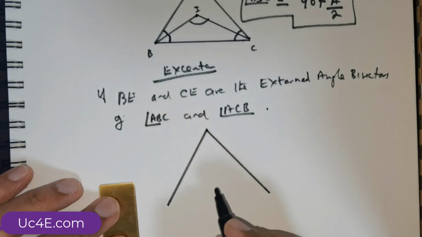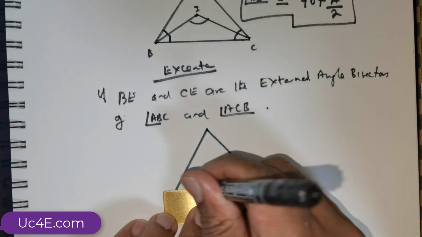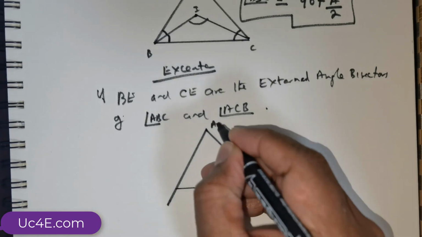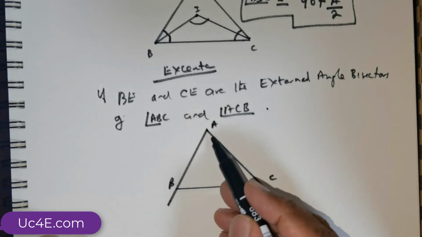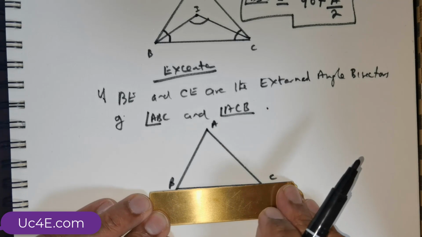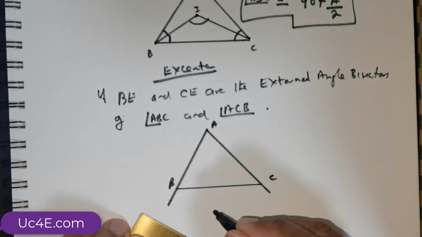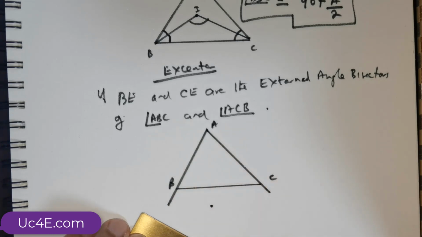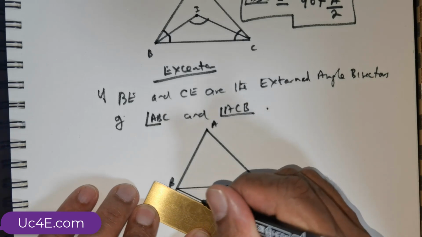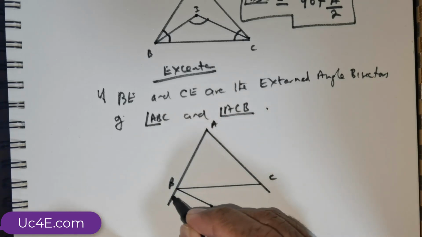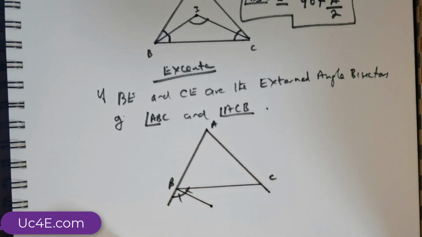So this is the usual triangle, but this is A, this is B, this is C. Instead of dealing with the internal angles, we are now dealing with the external angle. So we take a point E here. So there is a bisector that is dividing the external angle into equal parts. So this and this will be same.